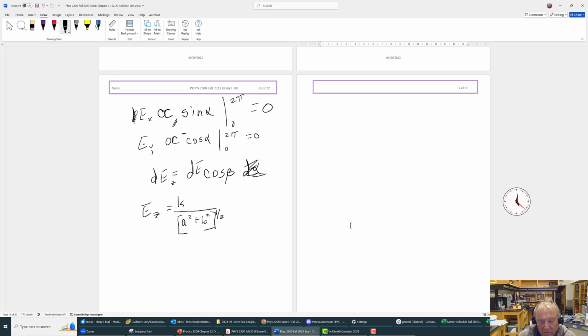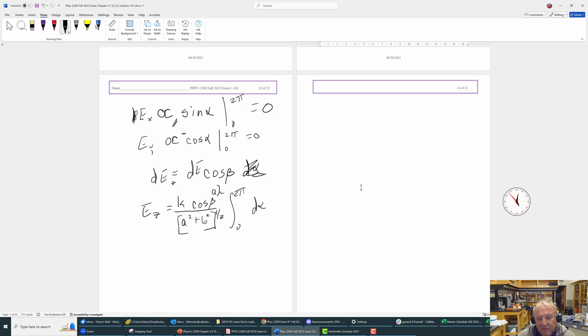And then cosine of beta is a constant, integral from 0 to 2 pi. Oh, and I forgot the lambda, of d alpha.